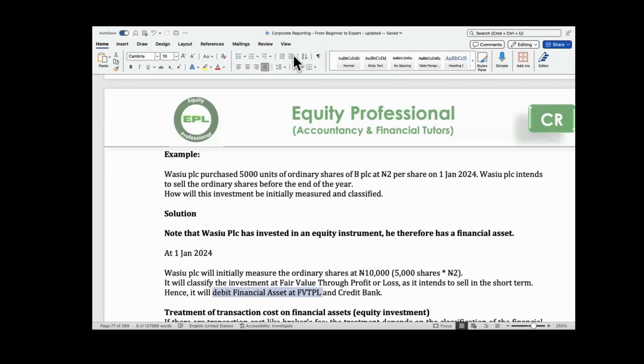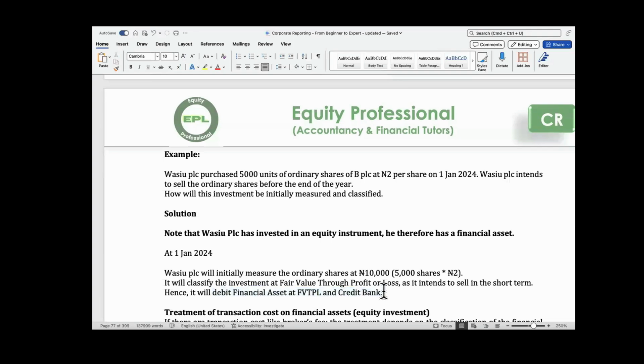Abidemi, you said if you are measuring at fair value to P&L, no, you have to use the right word. If you are classifying at fair value to P&L, that's the right word. So you're going to debit financial asset at fair value to P&L and credit bank. That's the double entry.